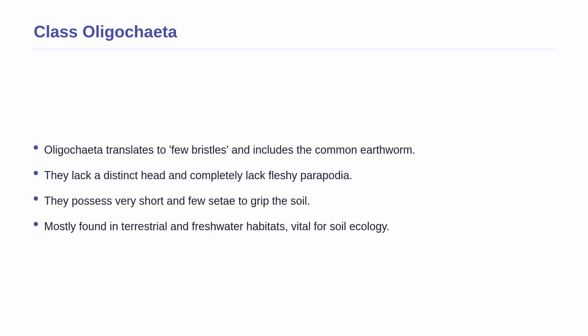They do have setae, but as the name suggests, they are very short and few in number. These tiny bristles are used primarily as anchors to grip the soil as the worm's hydrostatic skeleton pushes its way through the earth. They're mostly terrestrial and freshwater dwellers, playing a vital role in soil ecology.